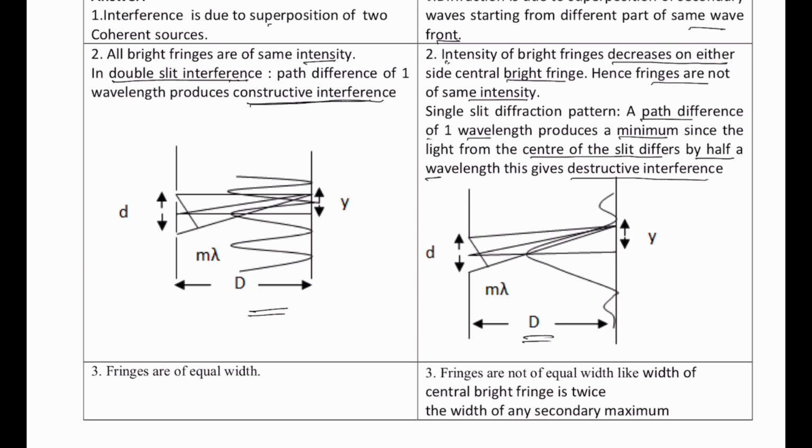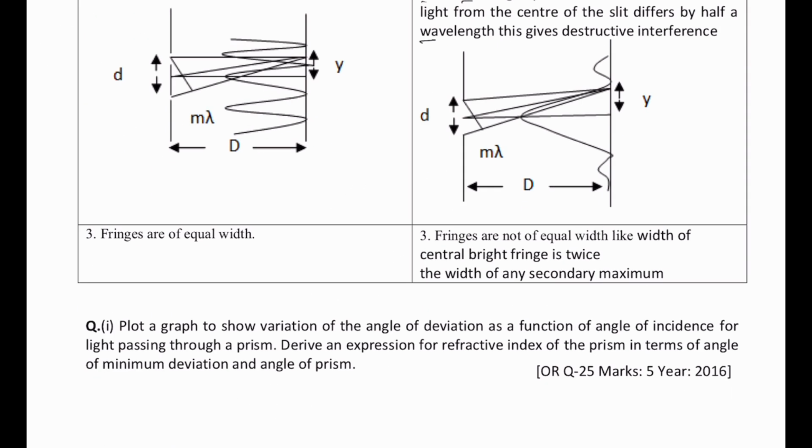And third, interference fringes are of equal width, whereas diffraction fringes are of not equal width. Correct? So that's all. Take the screenshot. Next question.